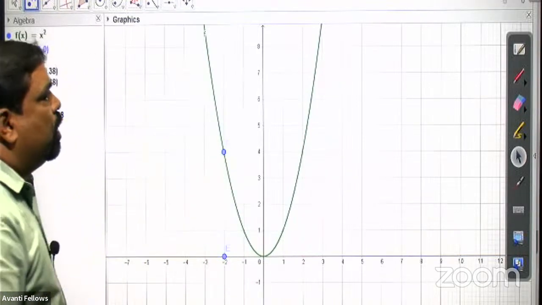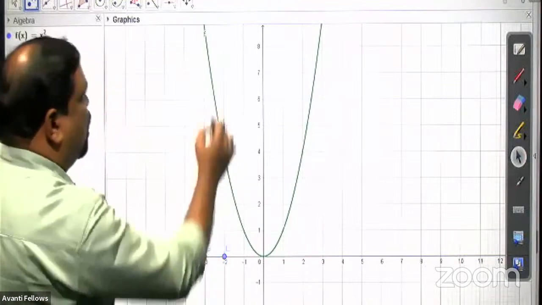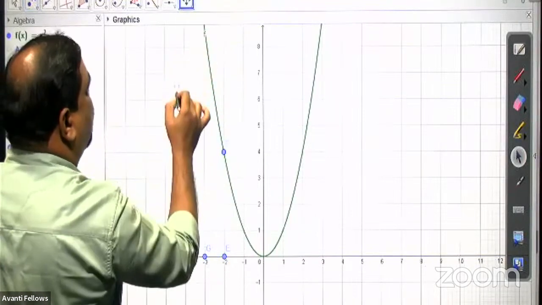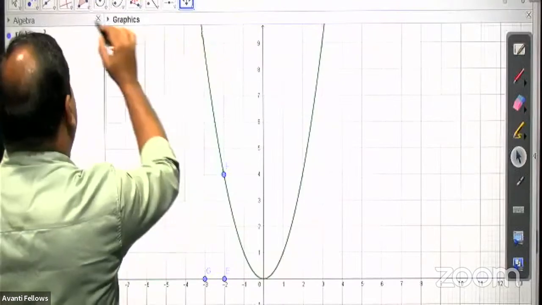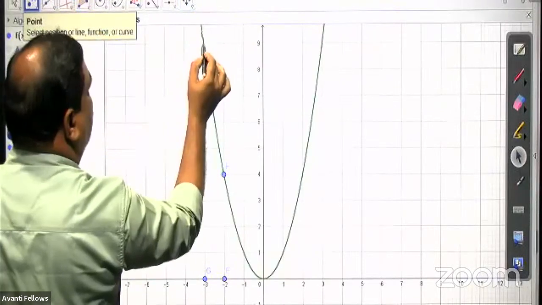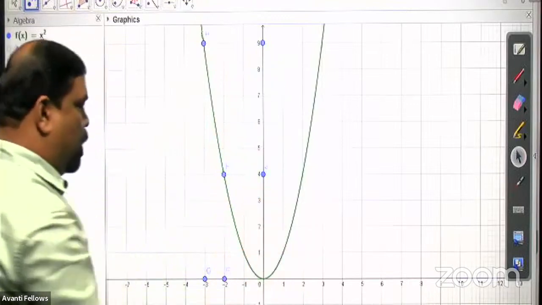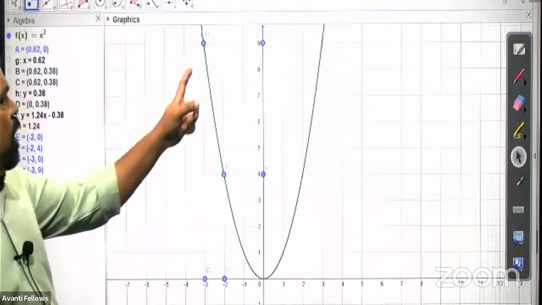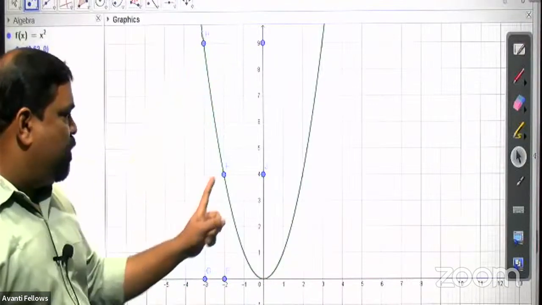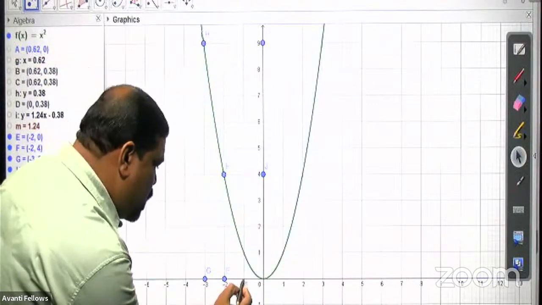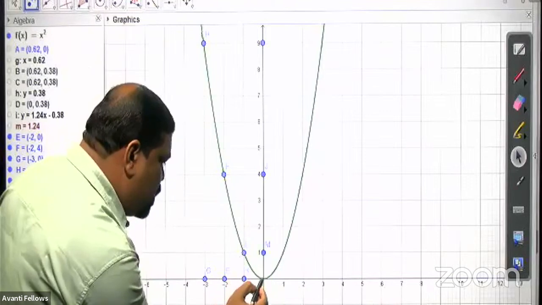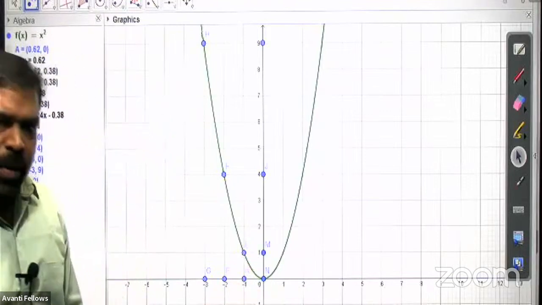If I take x equal to -3, the function value will be 9. So when x is -3, the function value is 9. When x is -2, it is 4. When x is -1, it is 1. When x is 0, it is 0.